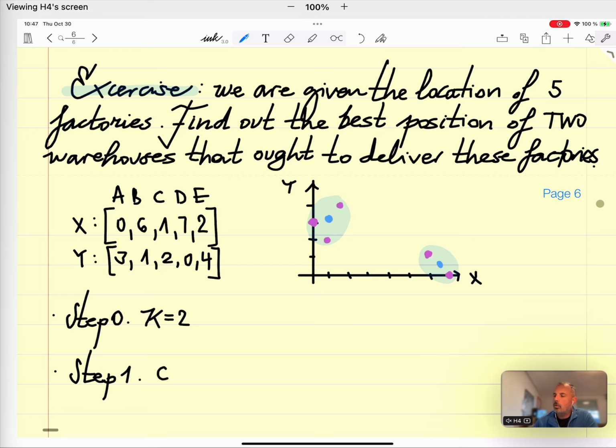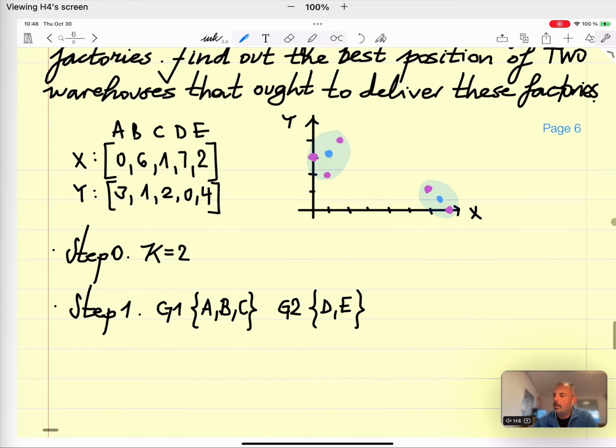So group 1 is going to be factory A, B, C, and group 2 is going to be D and E. Okay.